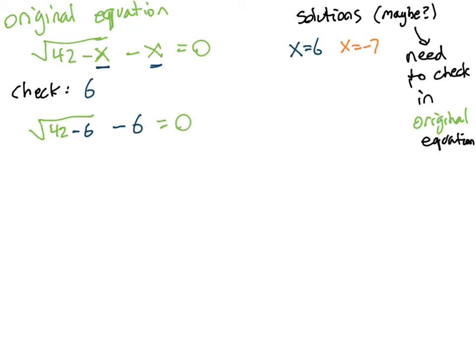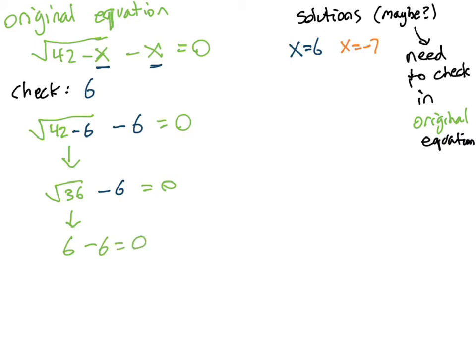So if we simplify the inside of this square root, 42 minus 6 gives us 36. So we have the square root of 36 minus 6 equal to 0. And the square root of 36 is equal to 6. And 6 minus 6 equals 0.